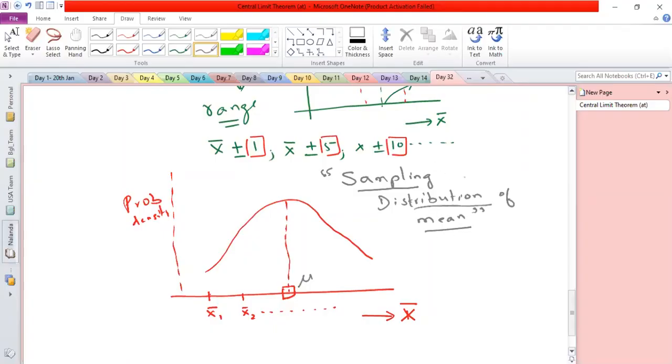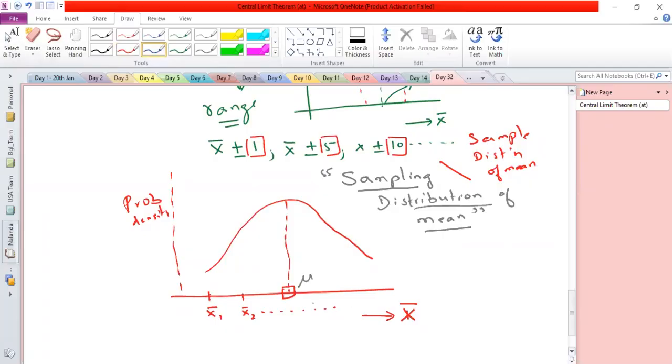Whenever you hear the word sampling distribution, not sample distribution, there is a big difference here. That is what I'm trying to show you. Sample distribution of mean is different versus this.